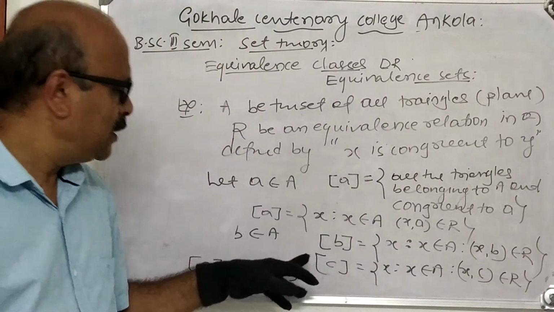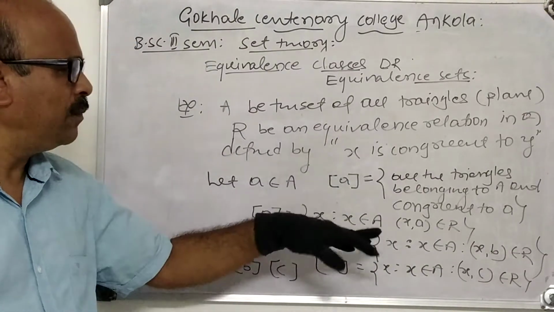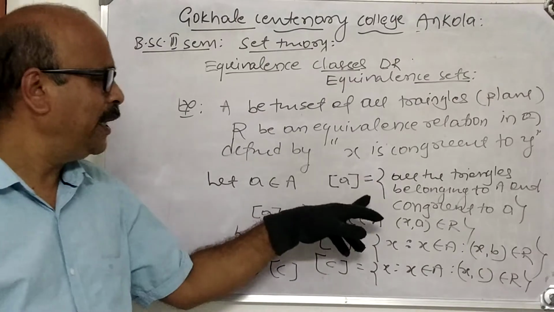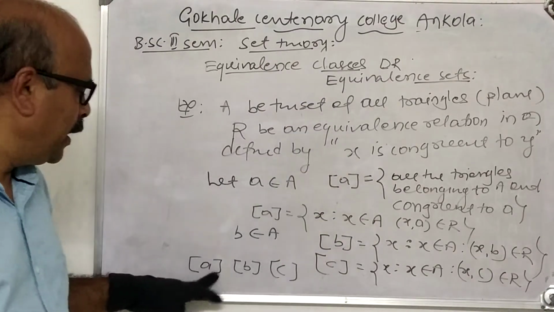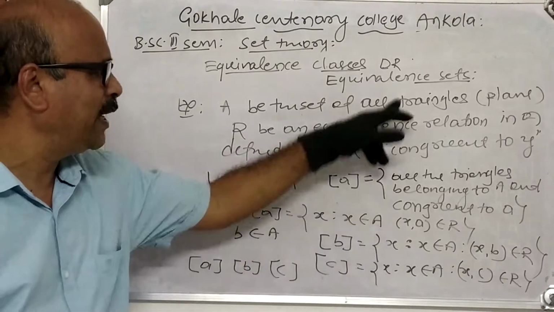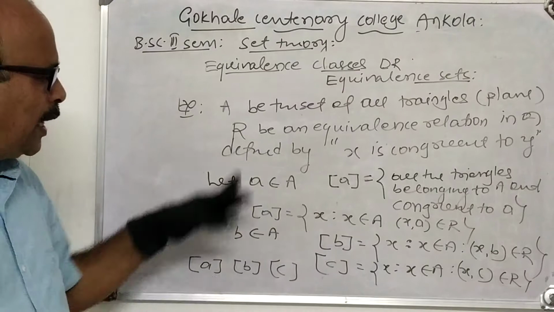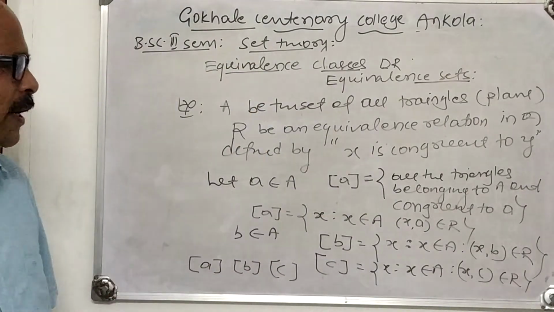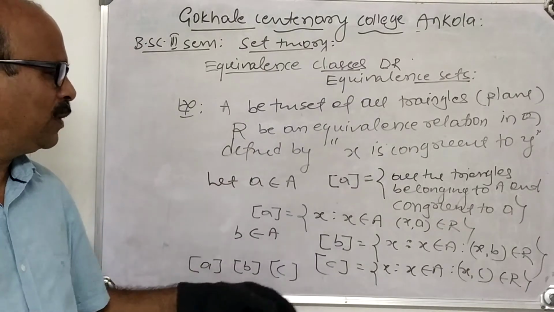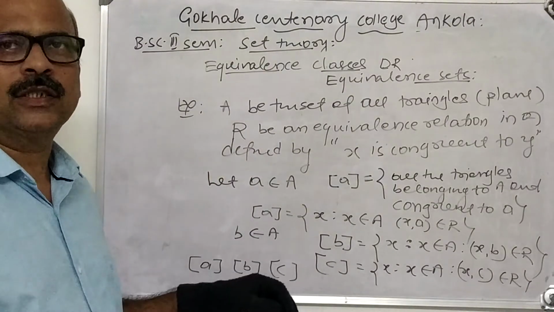They are mutually disjoint or identical. This is an important property. Equivalence classes are either identical or disjoint. This is one example from which you can understand equivalence classes.